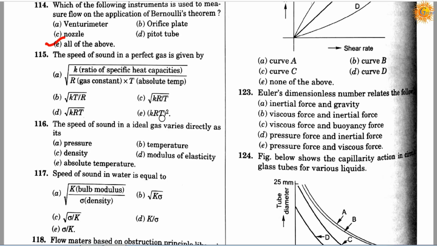So the correct answer is B. The speed of sound in a perfect gas is given by under root of KT upon capital R.